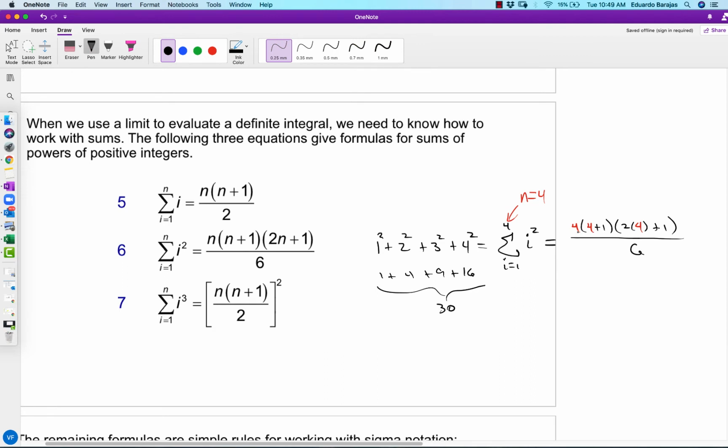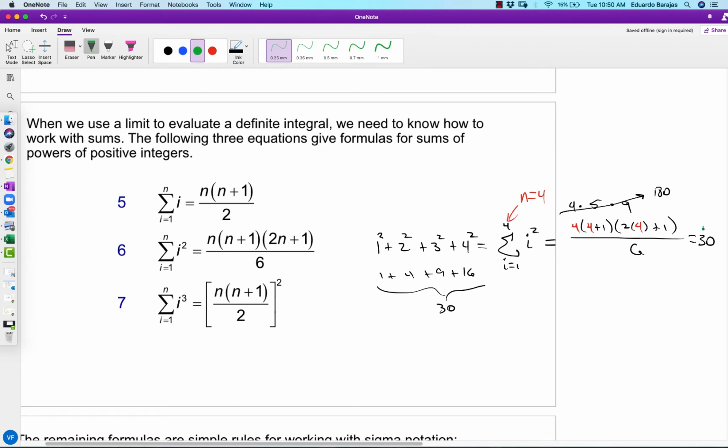This is 4 times 5 times, and 2 times 4 is 8, plus 1 makes it 9. So we have 9 times 5 is 45, times 4 makes it 180. And 180 divided by 6 gives you exactly this number, 30.